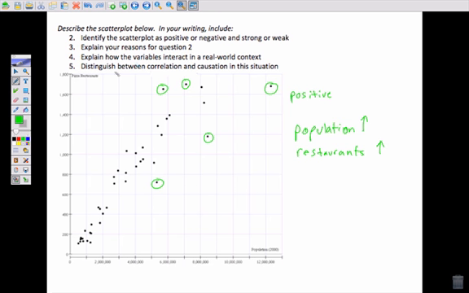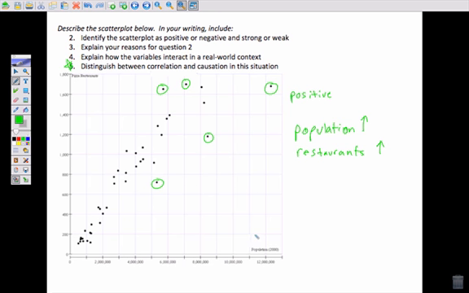The last part then, the distinguishing between the correlation and the causation, this is probably where the most issues came up. If you said a correlation, again, this is one of those where you could have gone either way. If you said a correlation, be prepared to defend that with something along the lines of, just because there's a higher population doesn't necessarily cause more pizza restaurants.